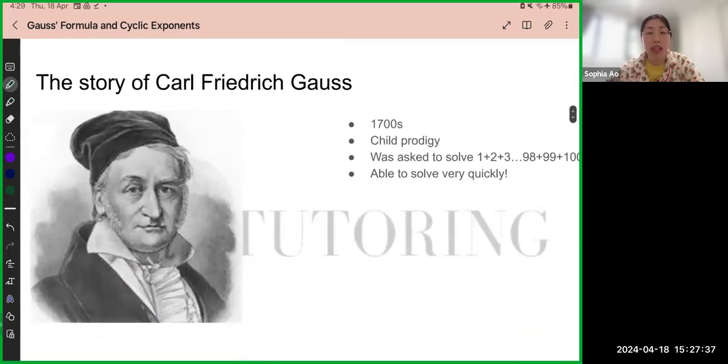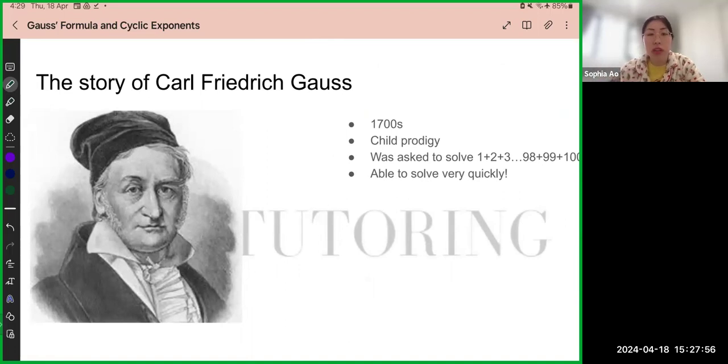Now, I'll just tell everyone a quick little story in case this helps anyone remember the formula a little bit better. So, Gauss's formula, it's named after this mathematician, this lovely gentleman we see over here, Carl Friedrich Gauss. He was from the 1700s and he was a child prodigy.